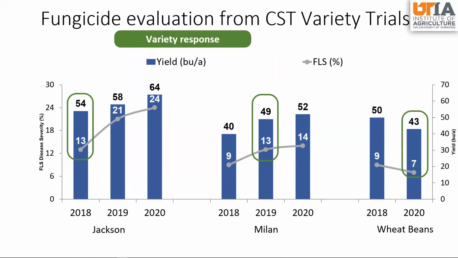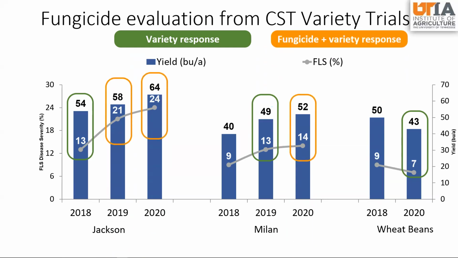This is summarizing across all that data, this 3-year data set and 3 locations, Jackson, Milan, and 1 location that was double planted wheat beans. In addition to these 3 site years, we also had 3 additional site years where we saw variety influence our yield, but also at these 3 locations where the orange boxes are, fungicide significantly increased our yield or protected our yield.